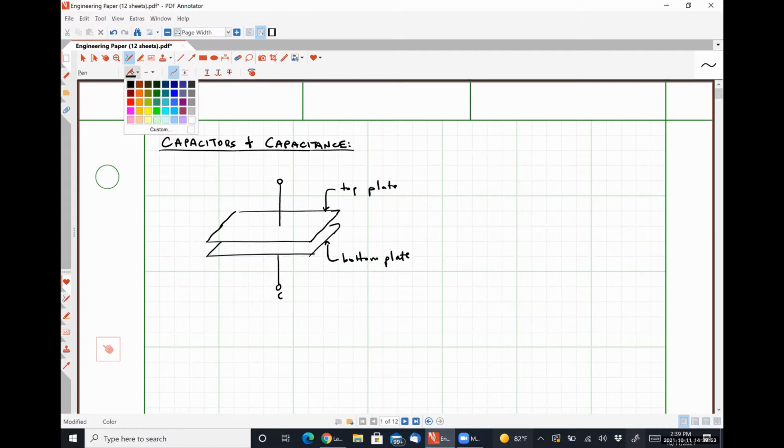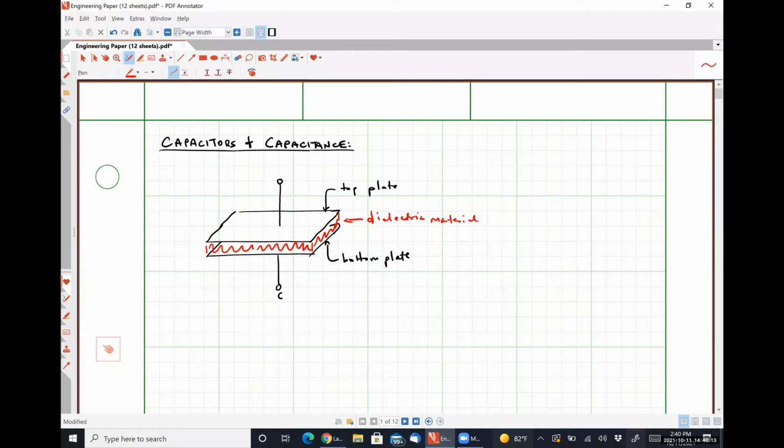And there is usually, but not always, a medium in the middle called a dielectric.